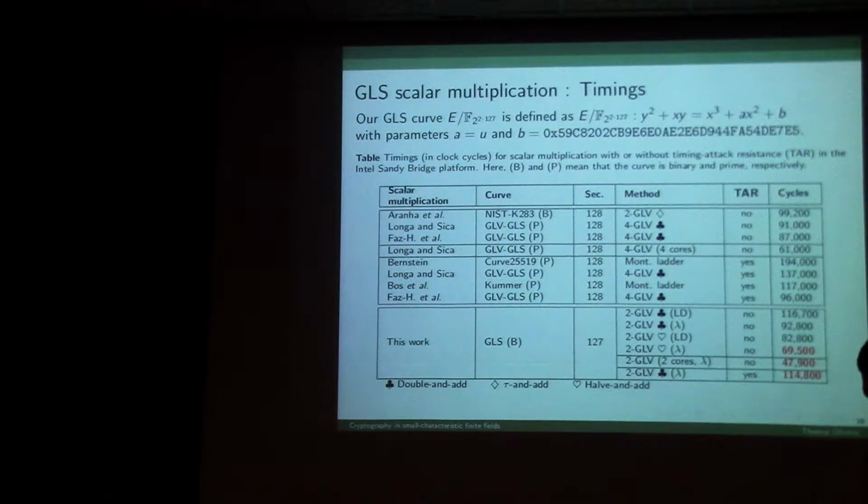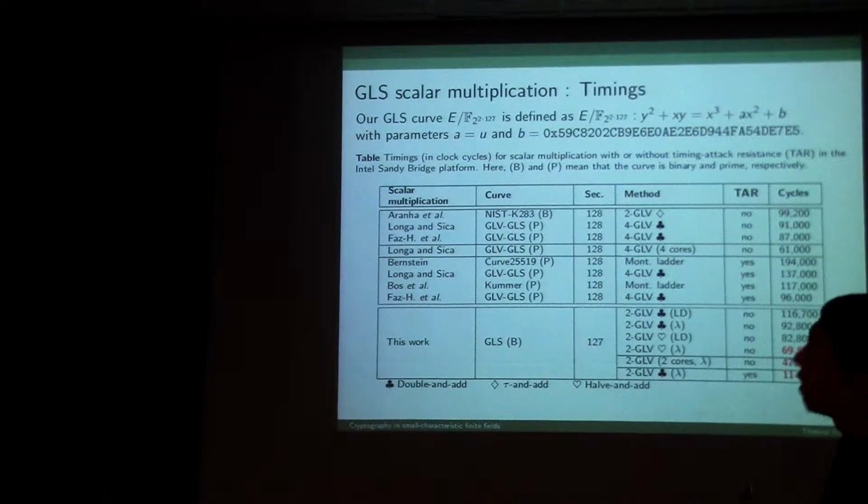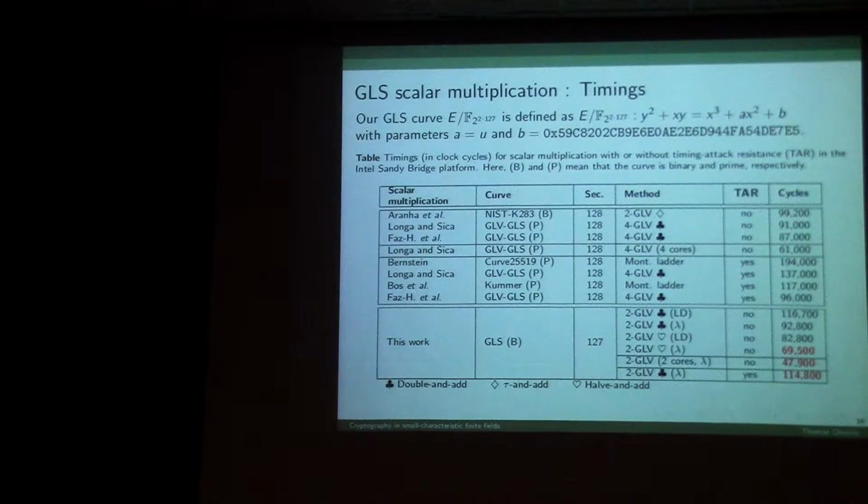So in order to get a 128-bit security level, the next prime here, I think, is 131, maybe. I think it's prime. But this 131 can also guarantee about 128 bits of security.